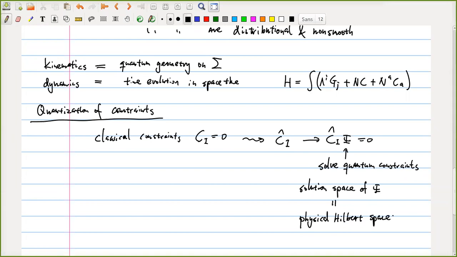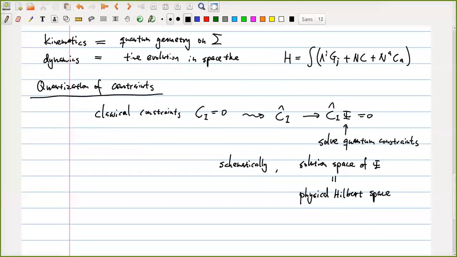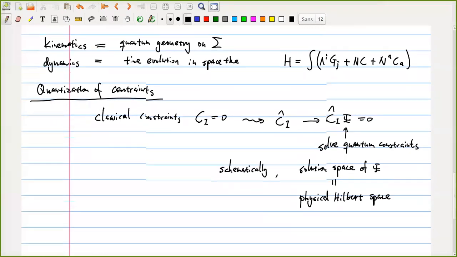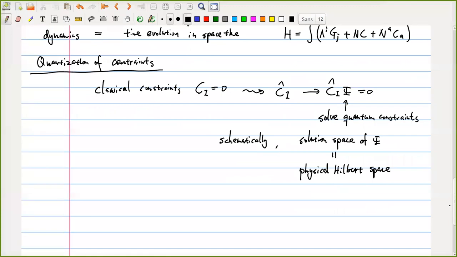Let's say this schematically. In the end, it's not exactly what we are doing, because this procedure turns out to be very difficult. But it's good to first set up this scheme and to discuss what is going on.